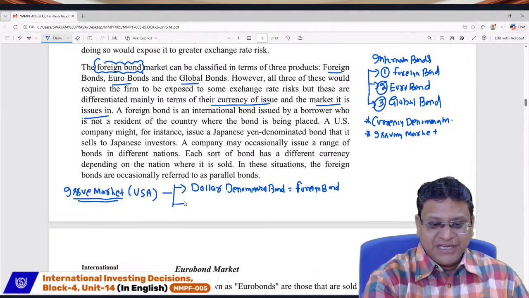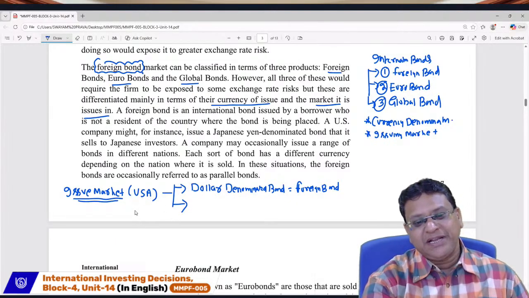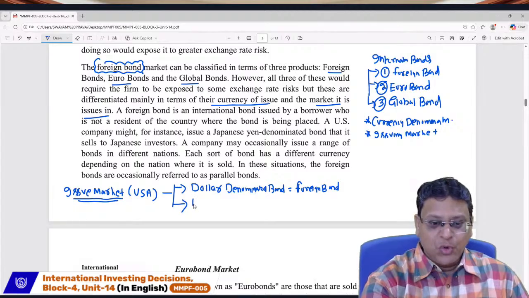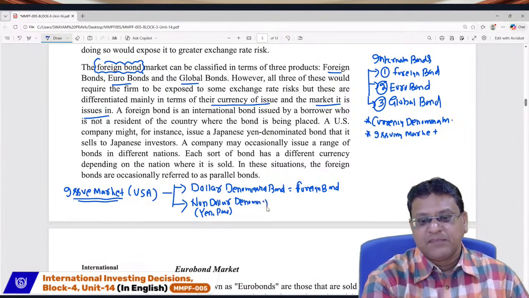If the bond is issued in the US market and it is denominated in any currency other than dollar, that means a non-dollar denominated bond, non-dollar means it may be yen, it may be pound denominated bond, that is known as Eurobond.